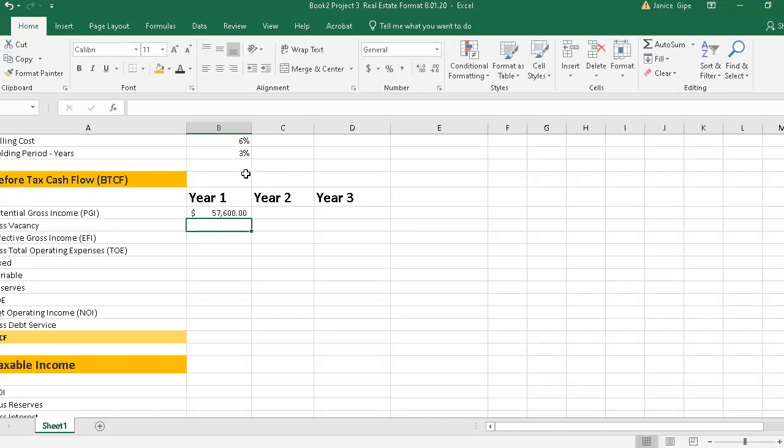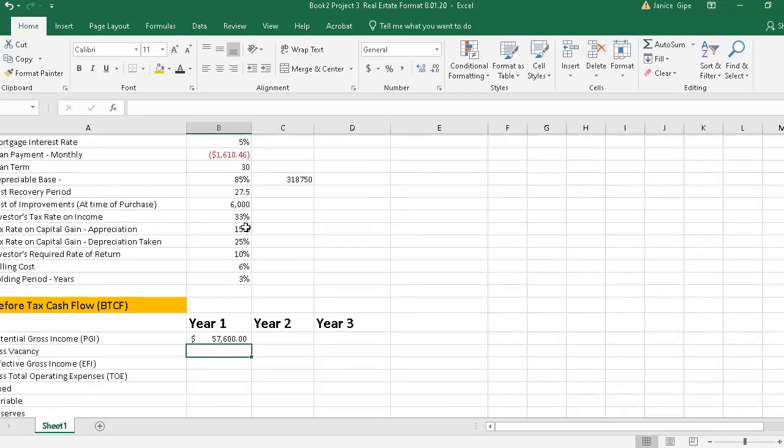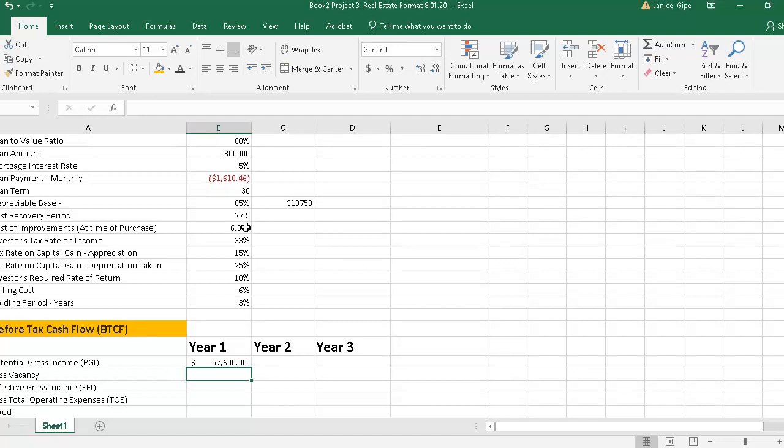So the potential gross income for the first year is $57,600.